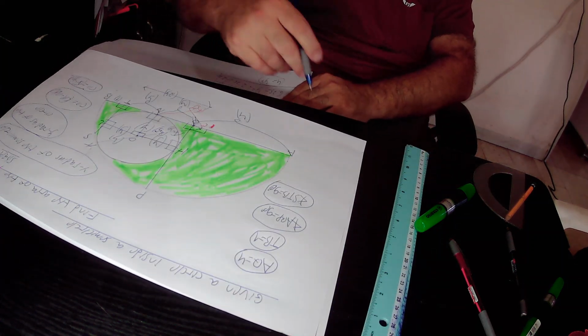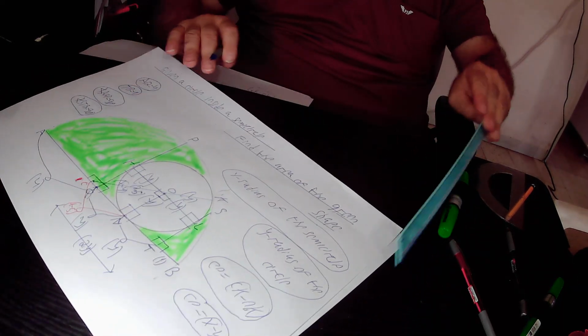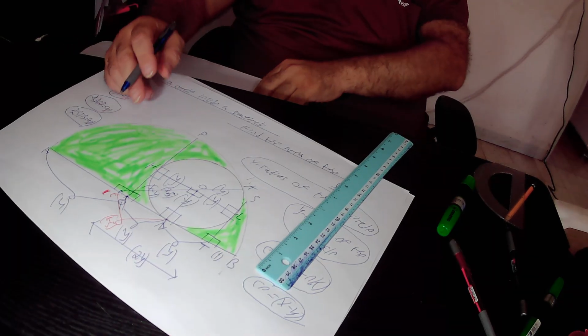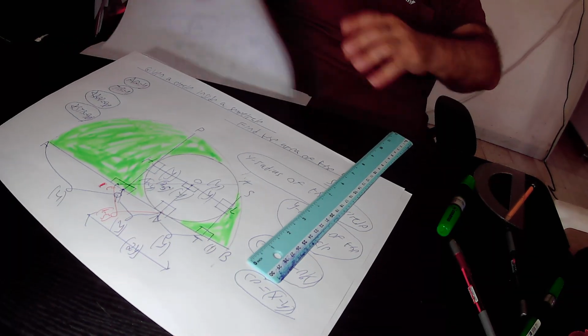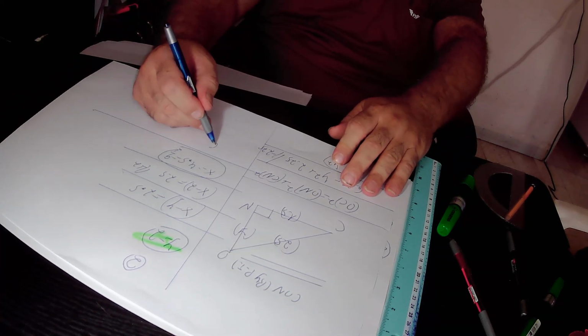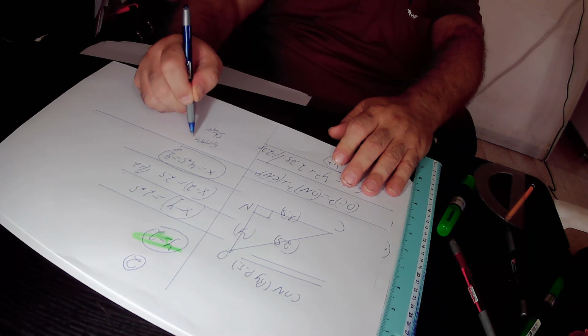Our task is to find the area of this grand shape. So what is the area of the grand shape?